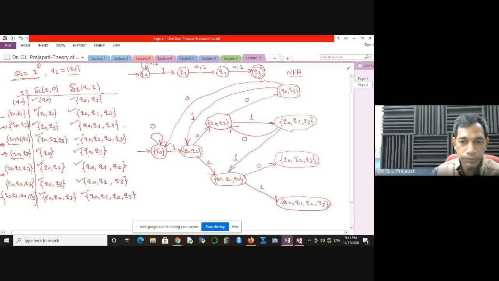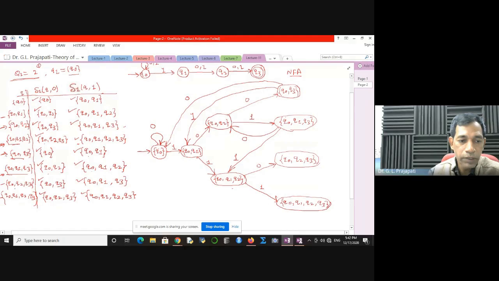So from the state Q0 Q1 Q3, for input 0 you are going to the state Q0 Q2, and for input 1 you are going to the state Q0 Q1 and Q2. Okay, now for the state Q0 Q2 Q3 we have to give the transition.